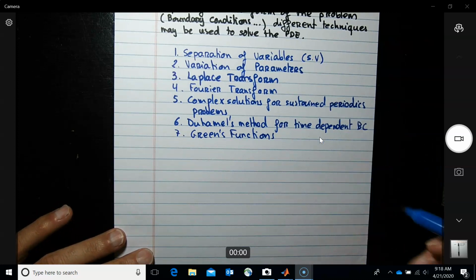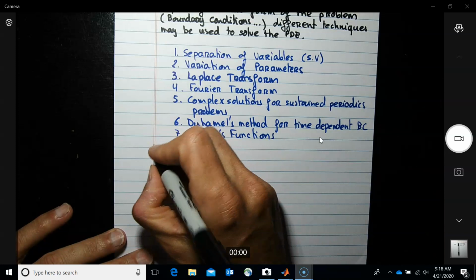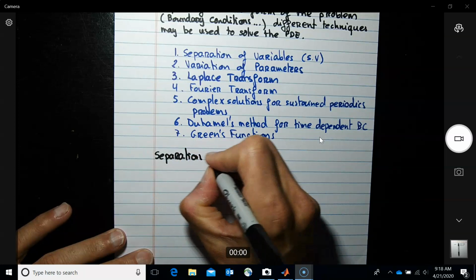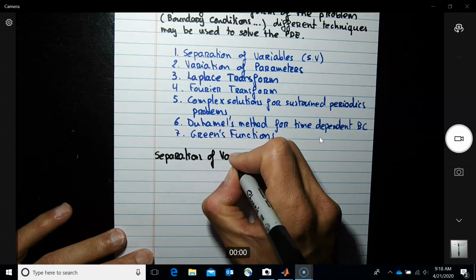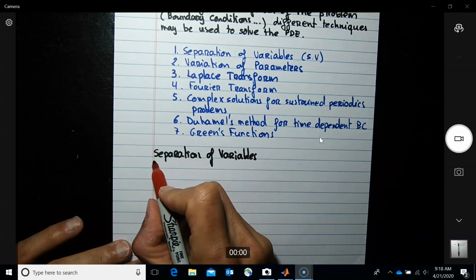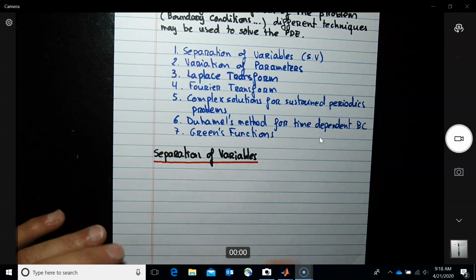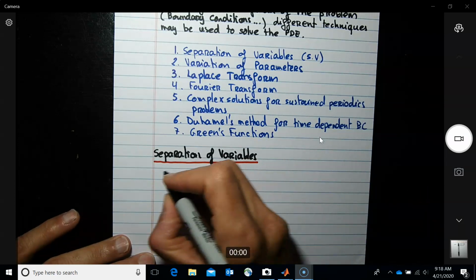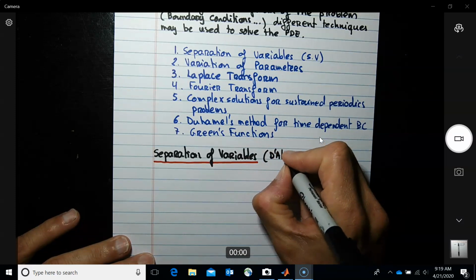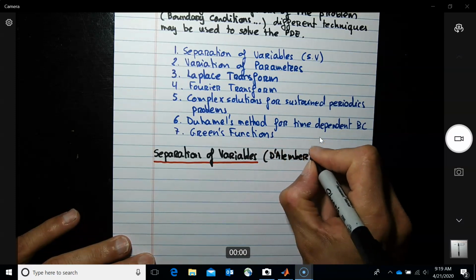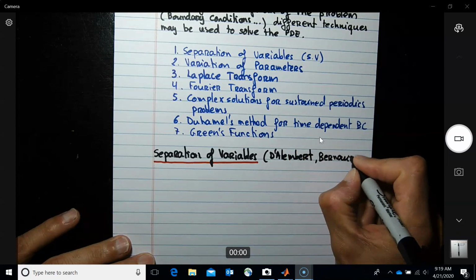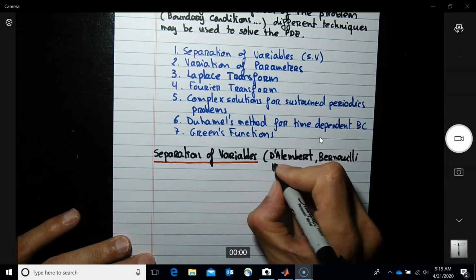Okay, so let's look at the first one, which is the separation of variables. Separation of variables was kind of developed by D'Alembert, a French mathematician, Bernoulli from Switzerland, and Euler from Germany.